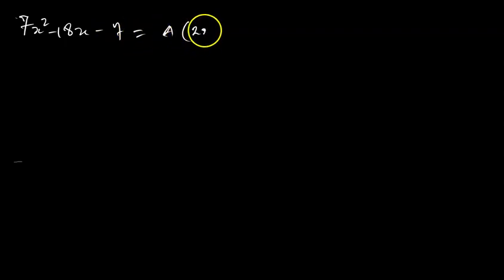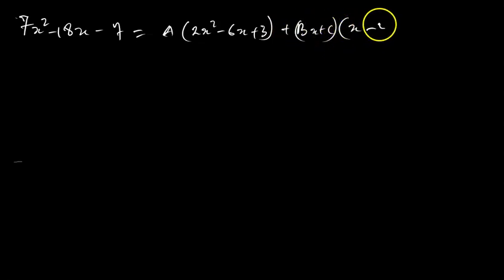It becomes 7x squared minus 18x minus 7 equals a into (2x squared minus 6x plus 3) plus (bx plus c) into (x minus 4).